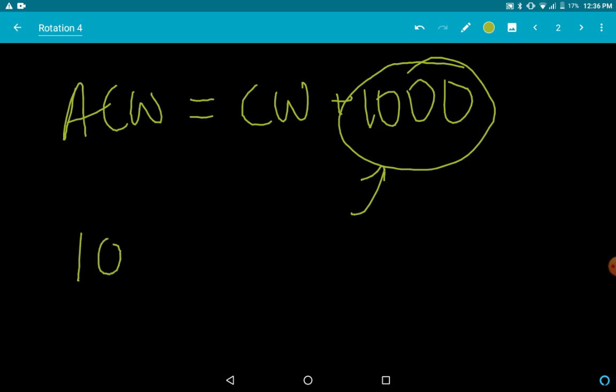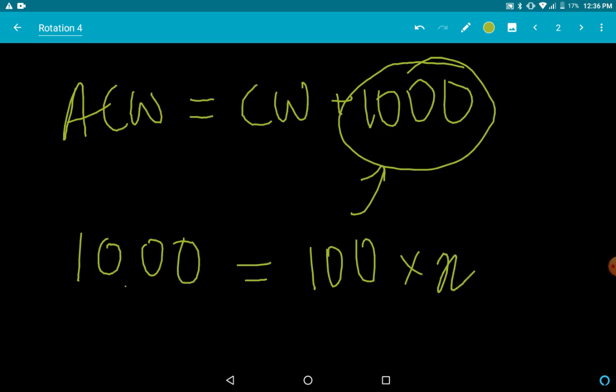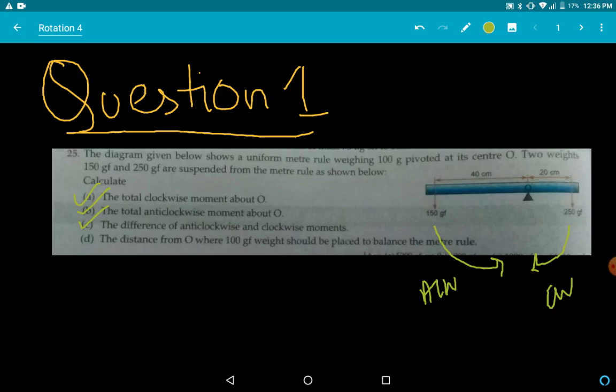So 1000 is equal to, I know the weight, 100 gf, into, I don't know the distance, x. So x will be 10, which means it will be hung somewhere here, so that it produces a clockwise moment.